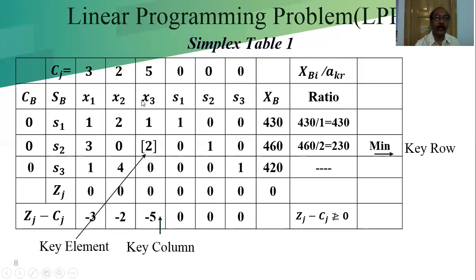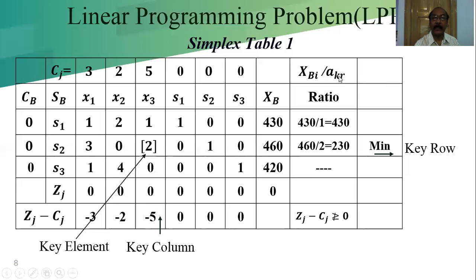AKR denotes the component, where K means the key column vector and R means the row. This is A31, this is A32, and this is A33. A33 is basically 0, so we cannot find the ratio for this.